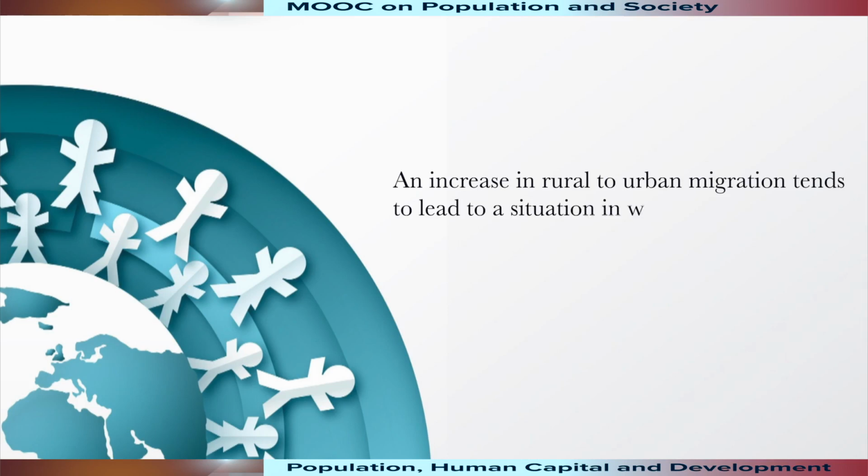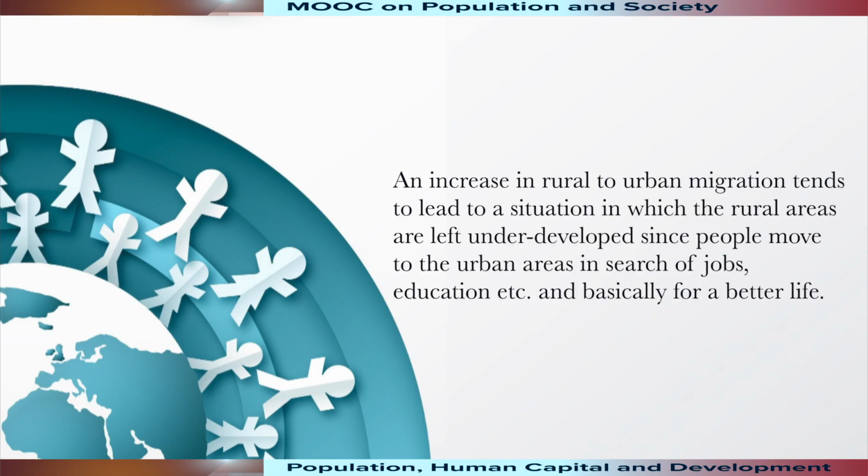Secondly, an increase in rural to urban migration tends to lead to a situation in which the rural areas are left underdeveloped, since people move to the urban areas in search of jobs, education, other opportunities, and basically a better life.